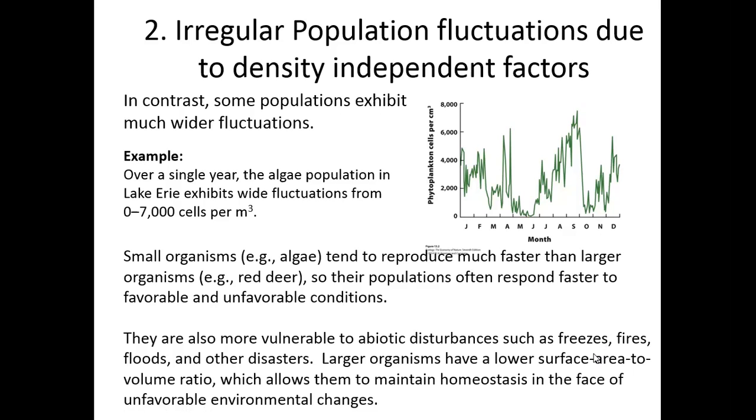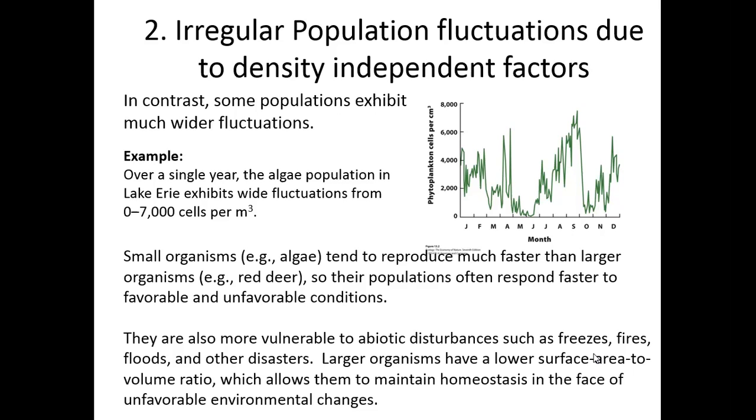Abiotic fluctuations, like sharp temperature drops when a cold front moves in, cause mortality of the algae. And it doesn't matter how many algae are in Lake Erie. If a cold front is going to cause 90% of them to die, it doesn't matter if they're 10 per cubic centimeter or 10,000 per cubic centimeter.